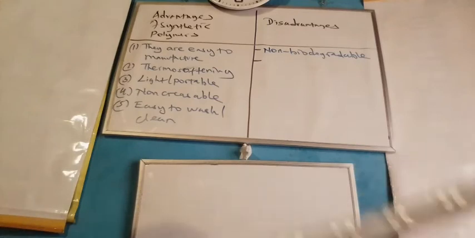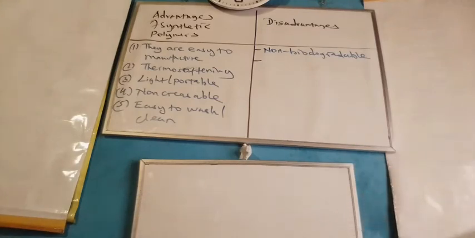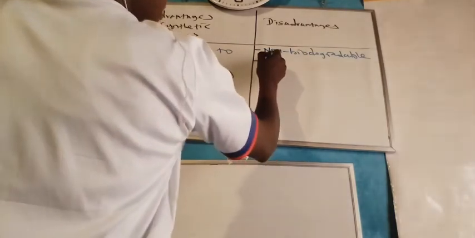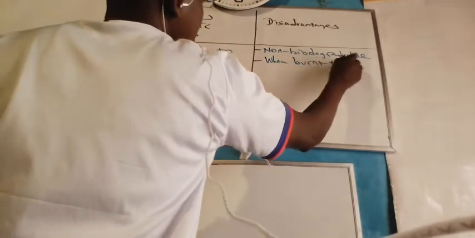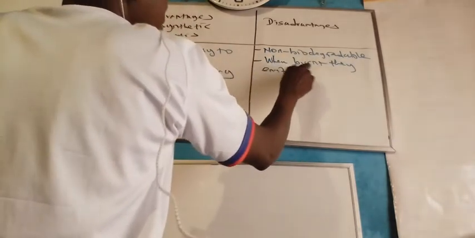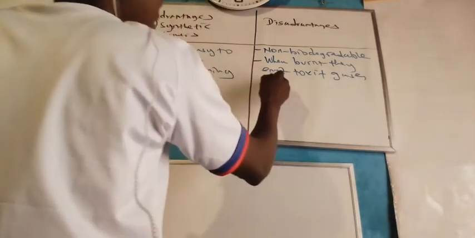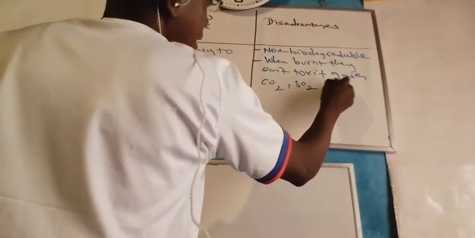Now, this is basically because they have long half-lives and long lifespans, which does not enable them to decompose naturally. Another disadvantage is that when burnt, they emit toxic gases, namely carbon dioxide, sulfur dioxide, and even nitrogen oxides.